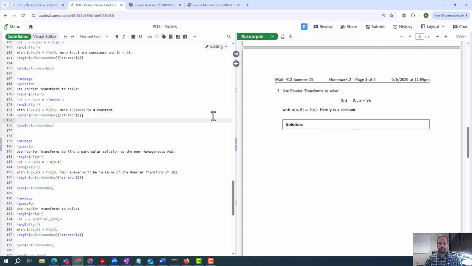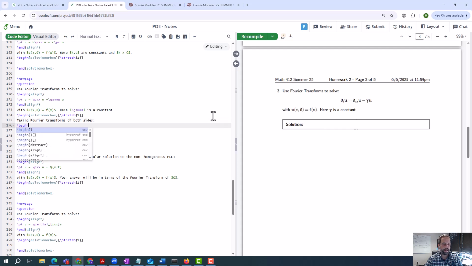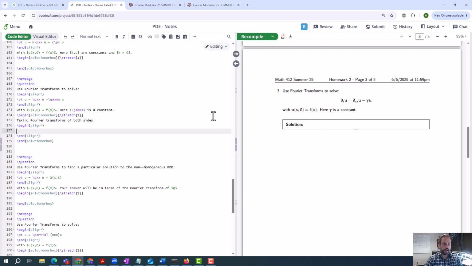Okay, so let's use Fourier transforms to solve this. Taking Fourier transforms of both sides gives the following.